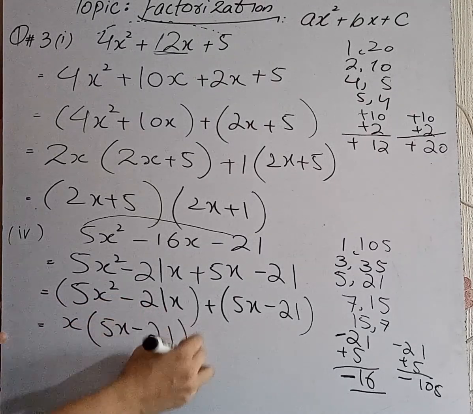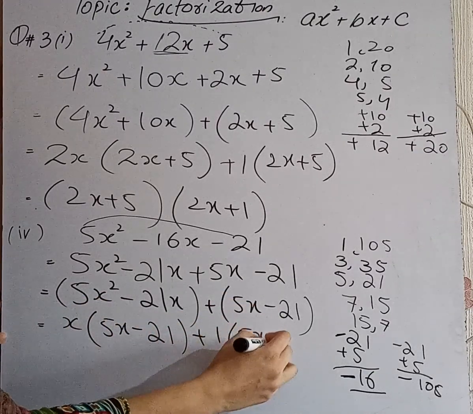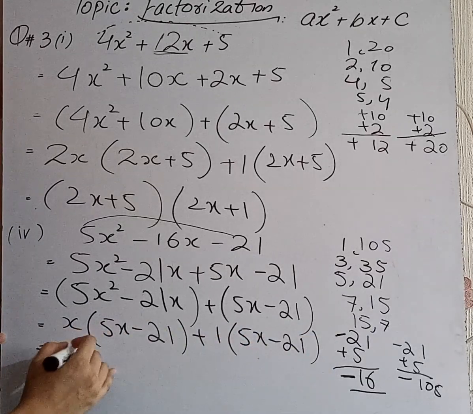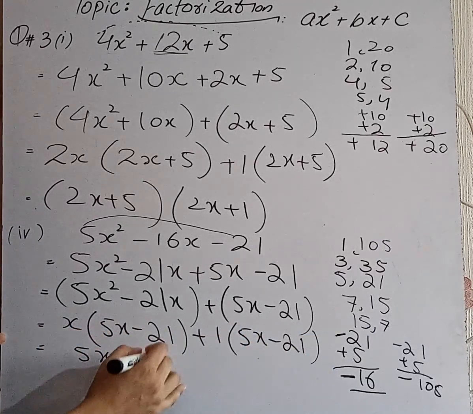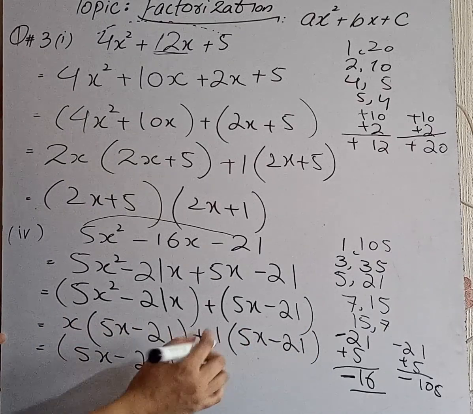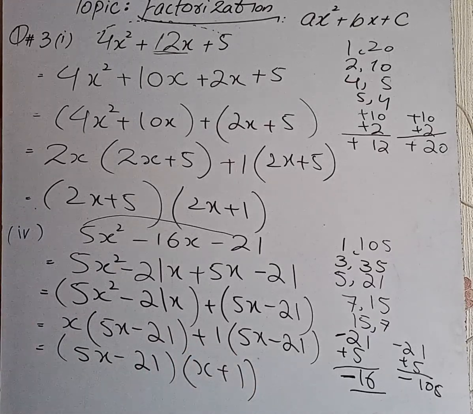Then 5x minus 21 plus, nothing is common, that is 1. 5x minus 21. So here the common will be 5x minus 21. Since we have taken the common from both, what is left? x plus 1. So this is now the factorized form of this given quadratic expression.